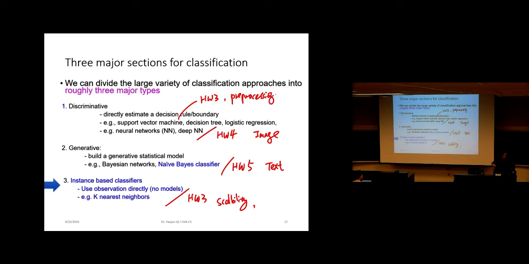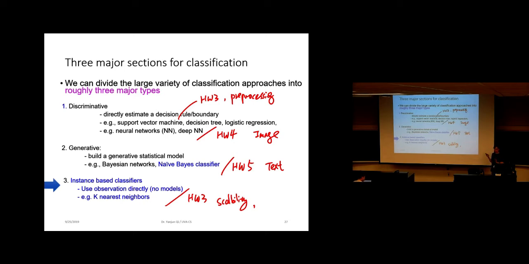That's the reason why we did not cover pre-processing in homework 2, even though we met that difficulty: if we do not scale and standardize the data, you're going to have a very hard time running gradient descent on the current homework 2 data. But I'm going to talk about it later.